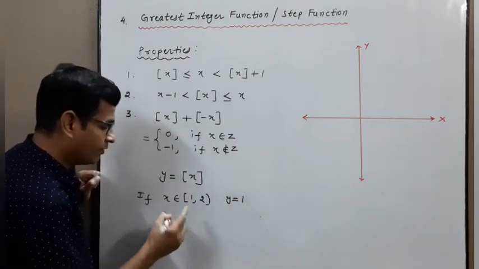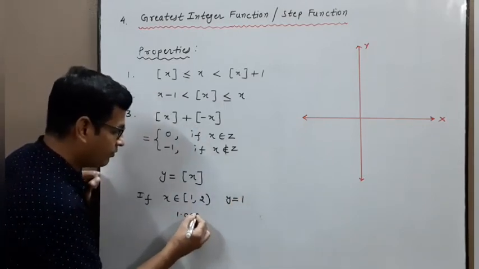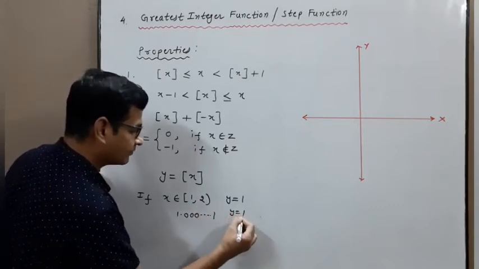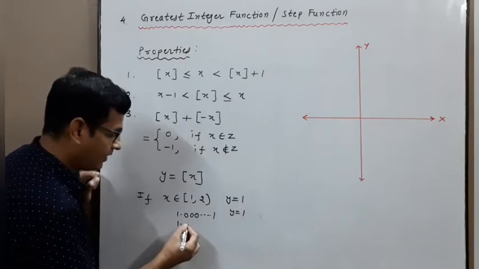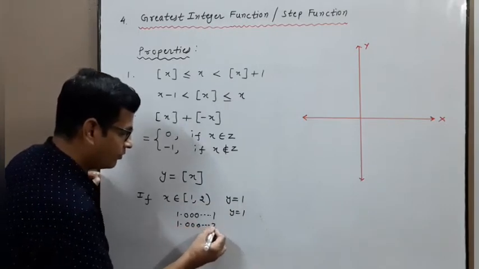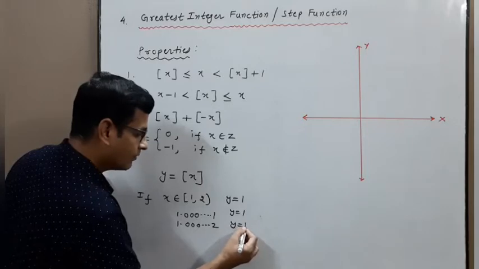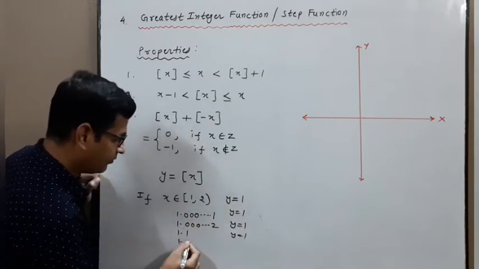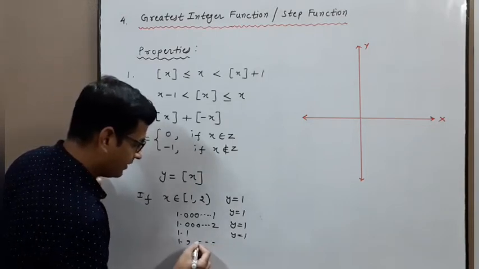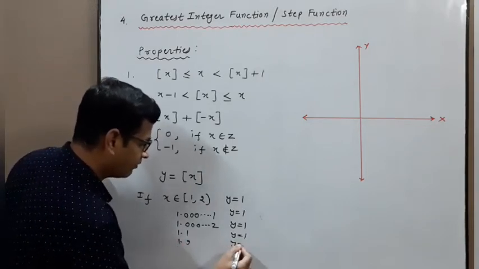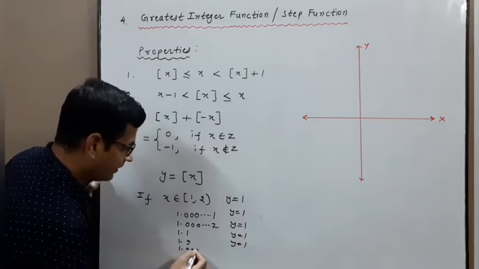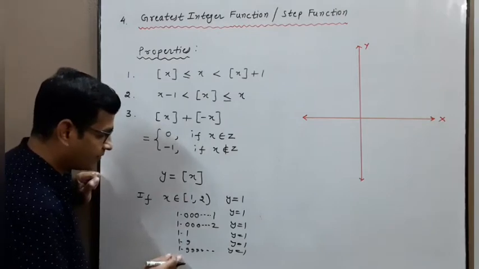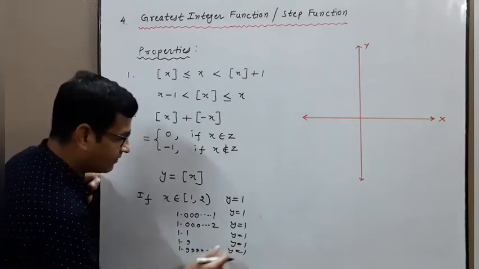If we take x equal to 1.000 and so on, still y is 1. 1.1, y equal to 1. 1.9, y equal to 1. 1.99999, then y equal to 1. And when we take x equal to 2, the corresponding value of y is 2.